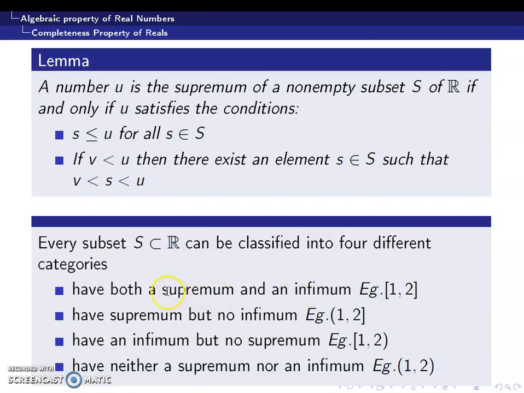A set which contains both its supremum as well as infimum. Second, a set which contains its supremum but not its infimum. Third, a set which contains its infimum but not its supremum. And the last one is a set which contains neither its supremum nor its infimum.